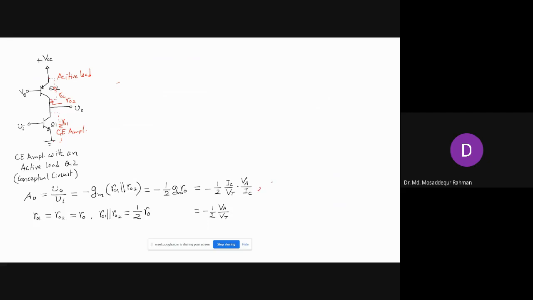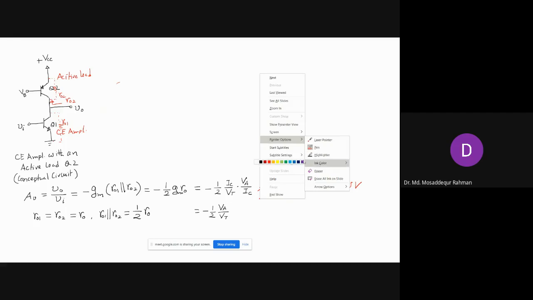So what's the gain in this case? VA, we know, is usually high. Let's assume that this is 100 volt. And VT, as before, we assume 25 millivolt or 0.025 volt. With these values assumed, what will be the gain?